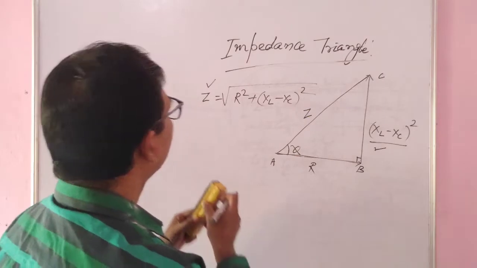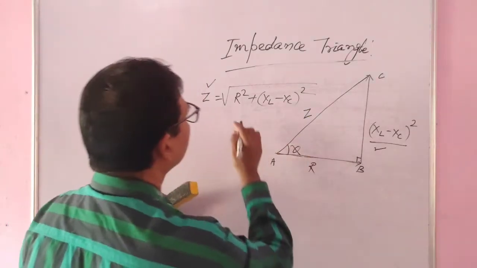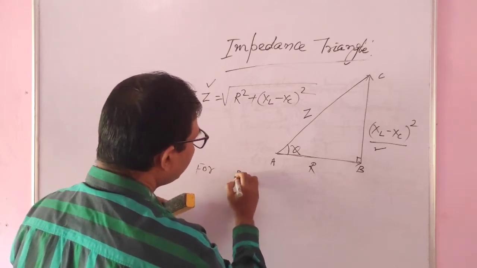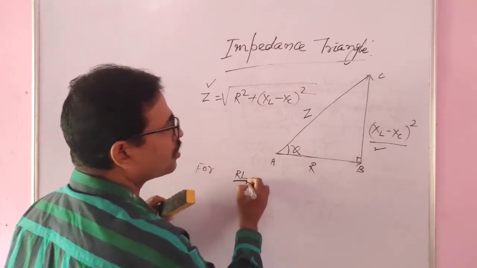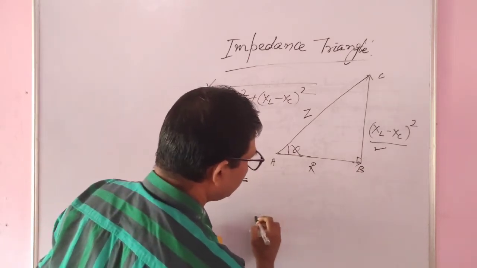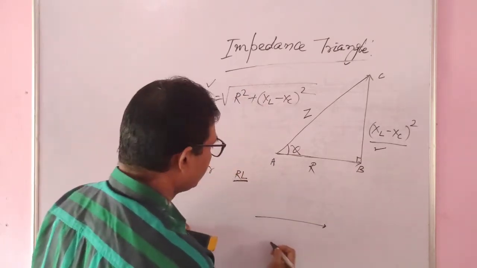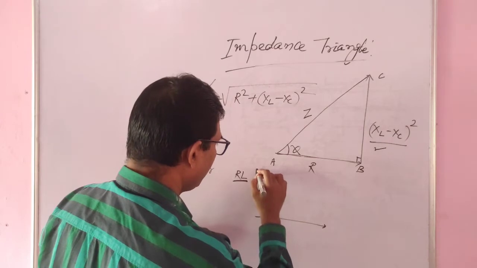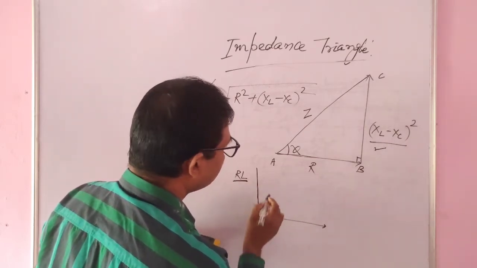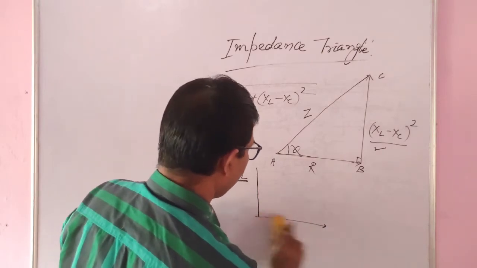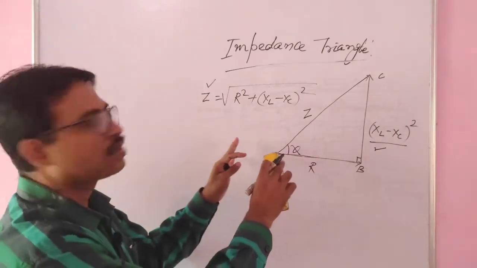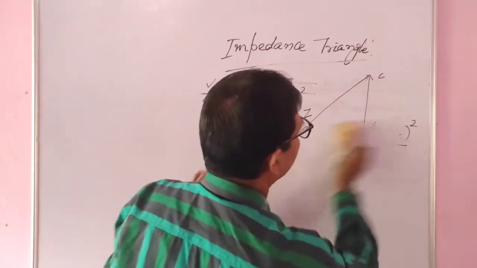Now the question is, what happens for an RL circuit? Suppose this is one case. I am erasing this due to scarcity of space.